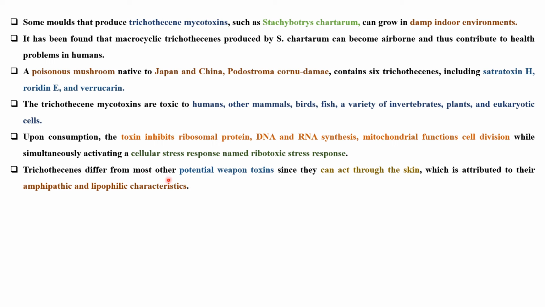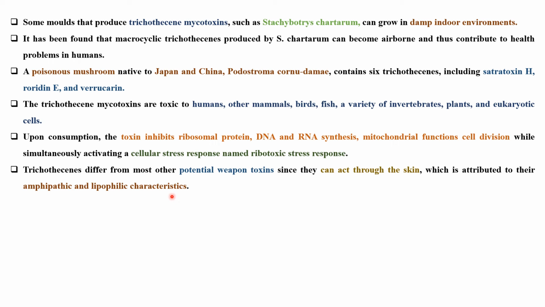Trichothecenes differ from most other potential weapon toxins since they can act through skin. So you have to understand they are not only acting through the oral route, they're acting through the inhalation route, they're also acting through the skin, the dermal route, because they're able to penetrate the skin layers, which is attributed to their amphipathic and lipophilic characteristics.